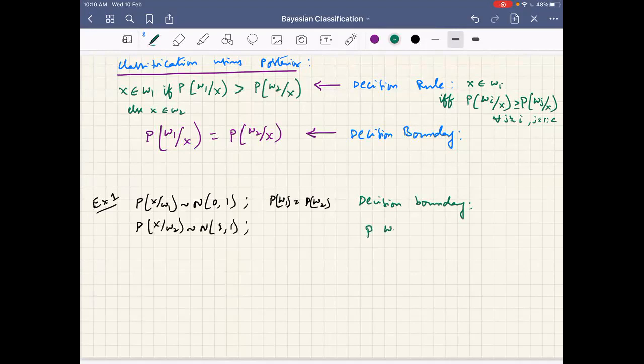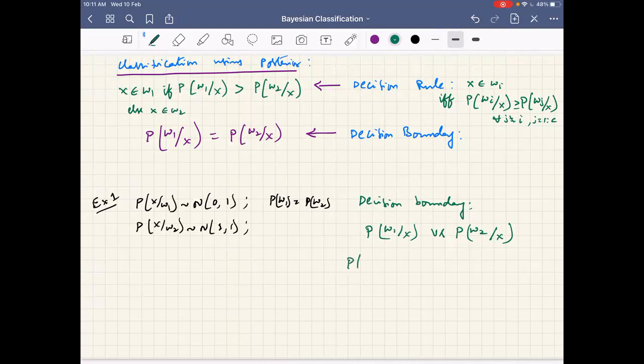Priors are equal. I will anyway equate these two for decision boundaries. So in fact, I need to compare p of omega 1 versus p of omega 2 given x, for obtaining the decision rule or decision boundary. I will equate them to find the decision boundary. I will see which is greater to find the decision rule. That is the only difference.